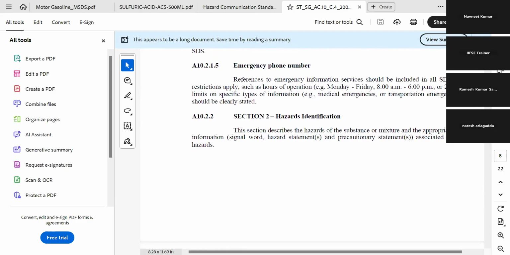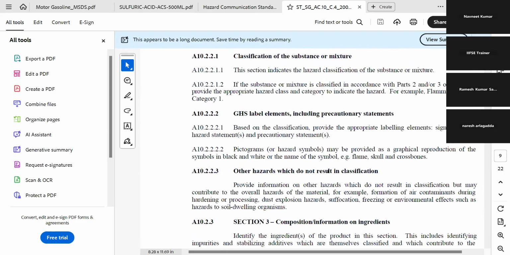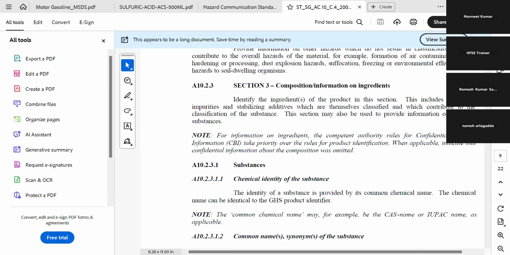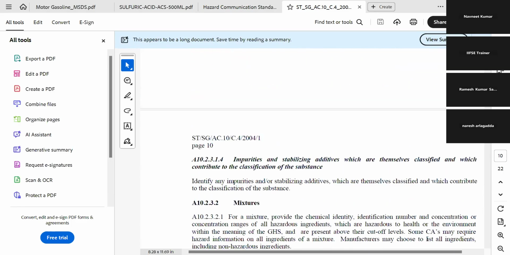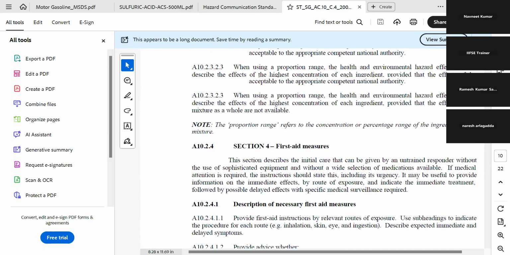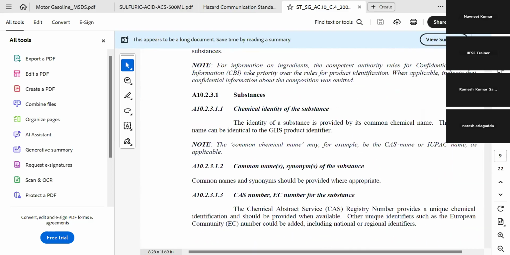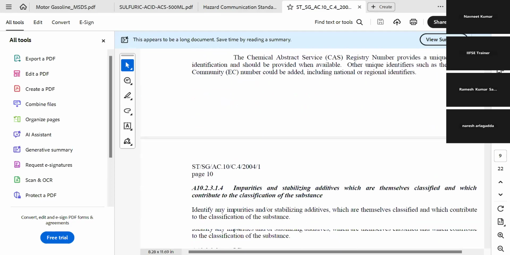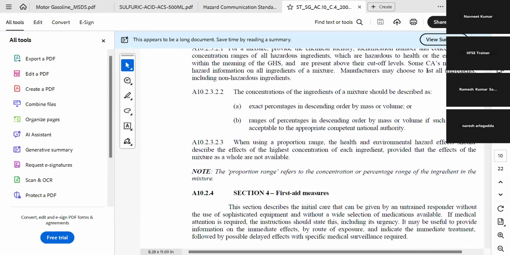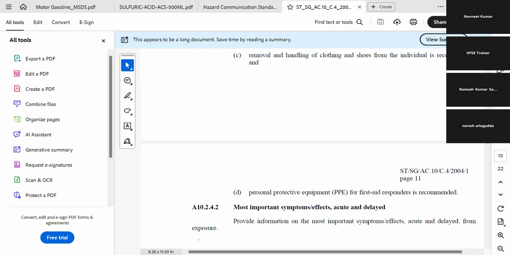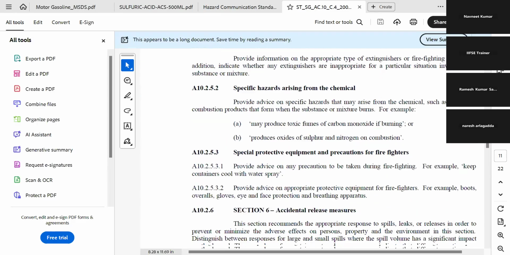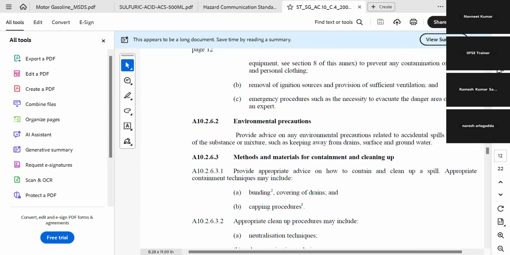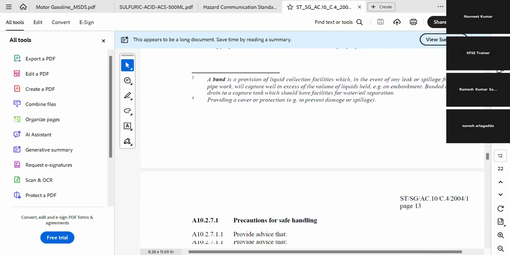Then we have section 2, hazard identification. I think we missed 3. Section 3, composition and information on the ingredients. What are the different kinds of chemicals they mix together to form this chemical? Then first aid measures. Then firefighting measures, then handling and storage.